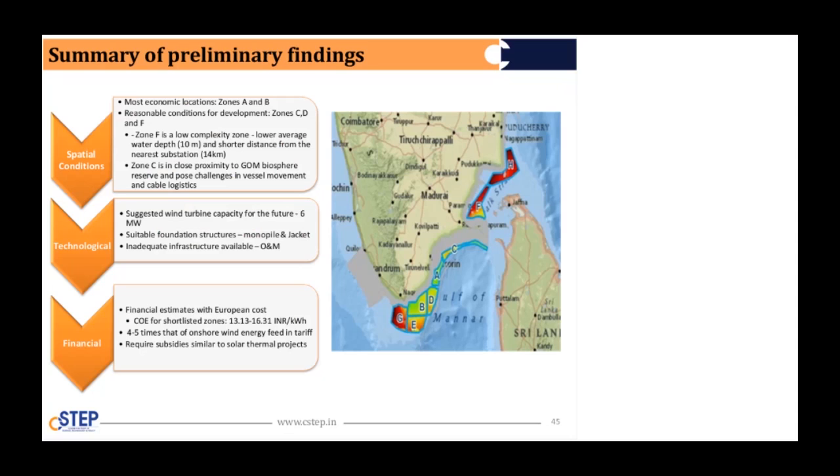Summary of preliminary findings. The summary can be broken down into 3 categories: spatial, technological, and financial. Some spatial conclusions are that the most economic zones are A and B. Reasonable conditions for development are found in C, D, and F. In zone F, we find that it's a comparatively low complexity zone, and the water depth is low, so it's easy to put a fixed foundation versus a floating foundation, which is expensive.